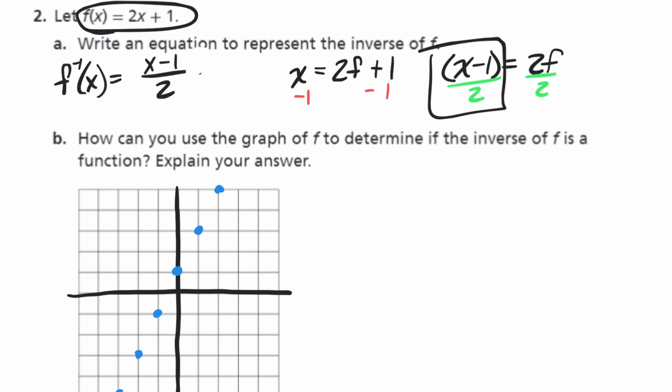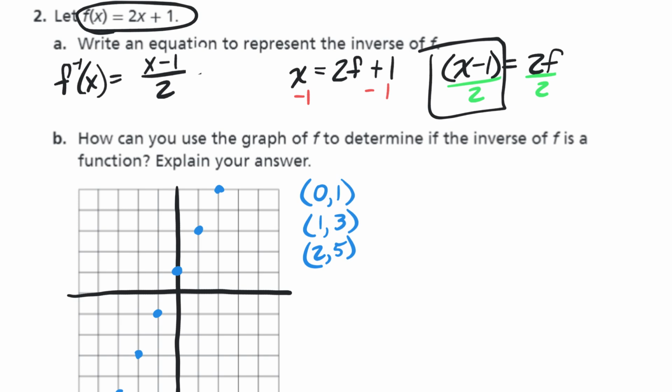So now that we've done that, what we want to do is identify our ordered pairs. If we have ordered pairs, it's going to be really easy to find the inverse. So we have an ordered pair at 0, 1. We have an ordered pair at 1, 3. We have an ordered pair at 2, 5. We can backtrack here a little bit too.